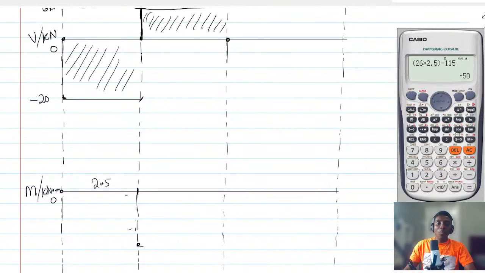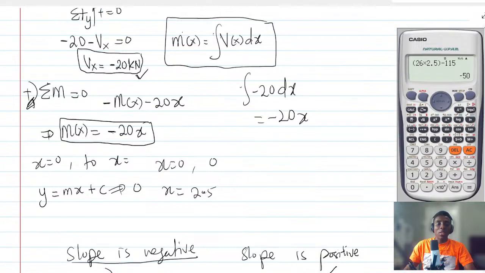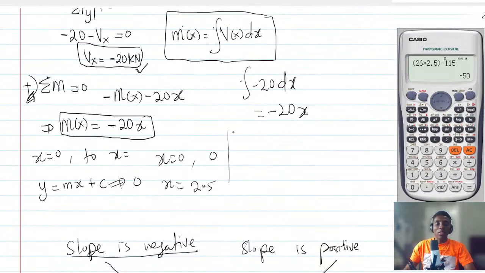If you put 2.5 into the moment, you get minus 20 multiplied by 2.5, so that would be minus 50.